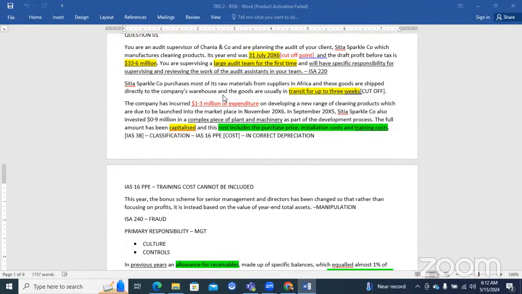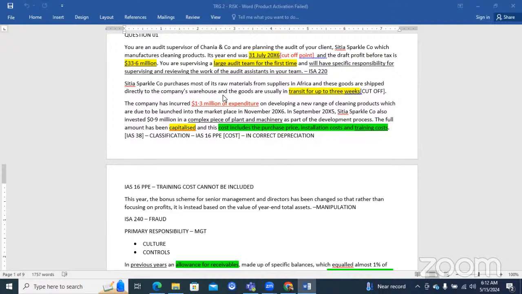So the raw materials are supplied from Africa, and these goods are shipped directly to the company's warehouse. But it will take a transit of 3 weeks. Shipment, logistic, transit up to 3 weeks.